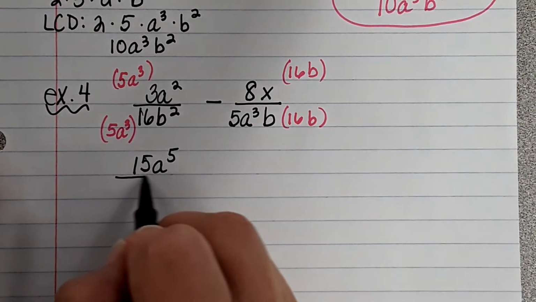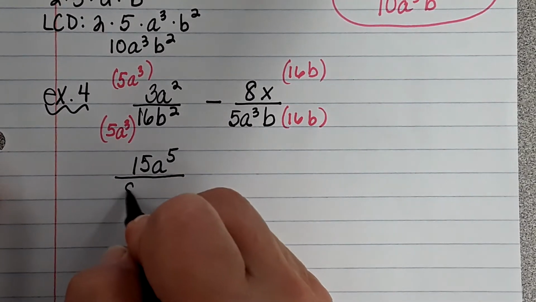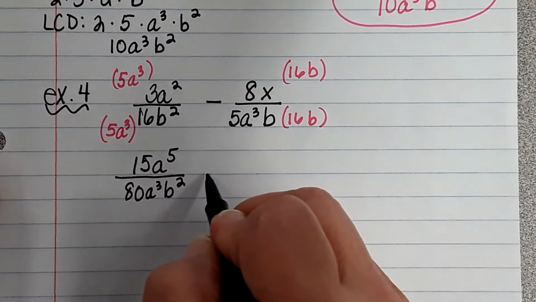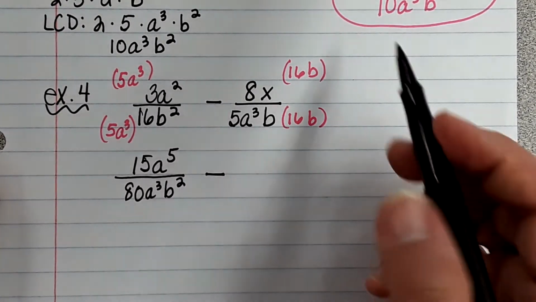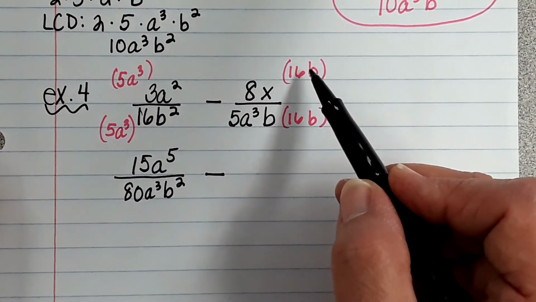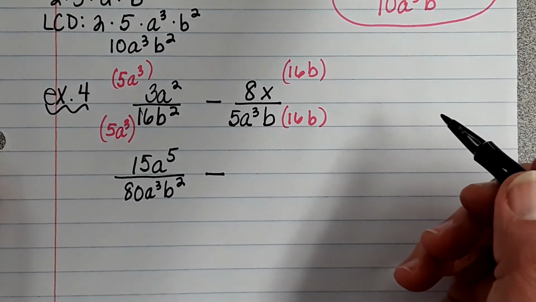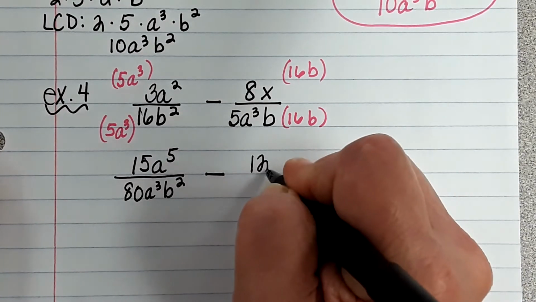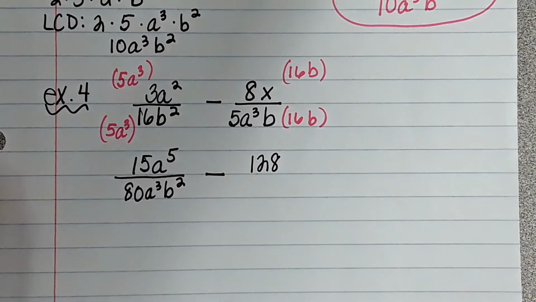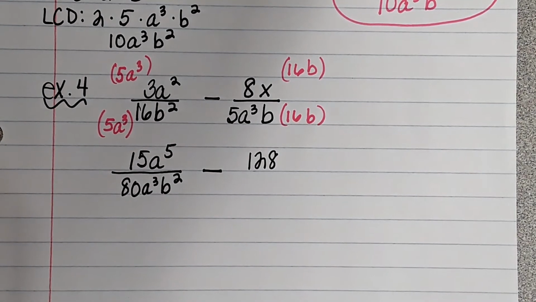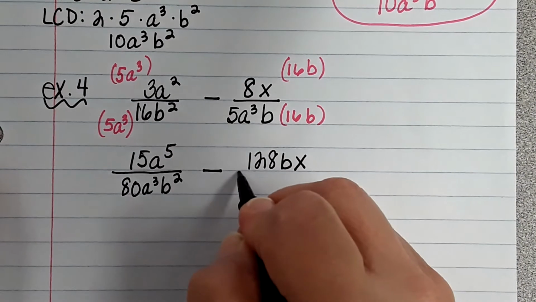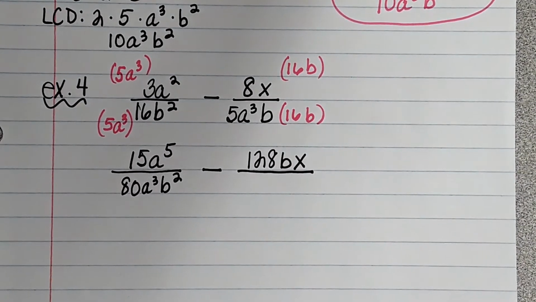And then it would be over 80a to the third b squared, minus, what is 8x times 16b? When you go to write it, it is xb, but we usually write our variables in alphabetical order. So we're going to put bx. That's the rule of thumb. Always put your variables in alphabetical order.